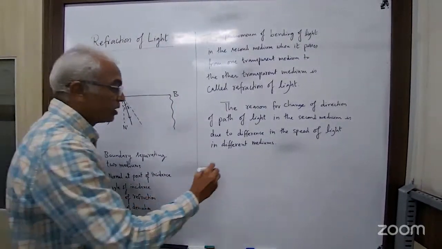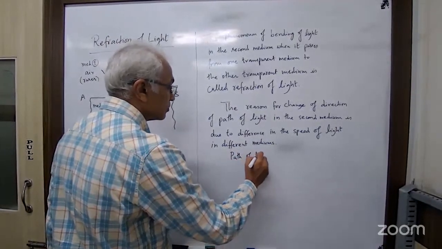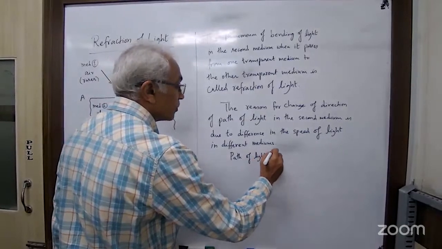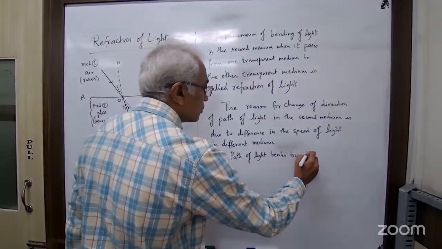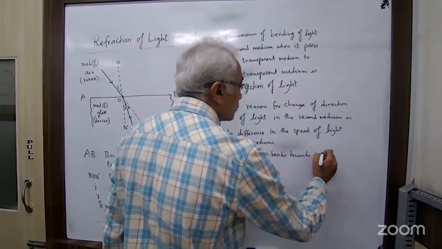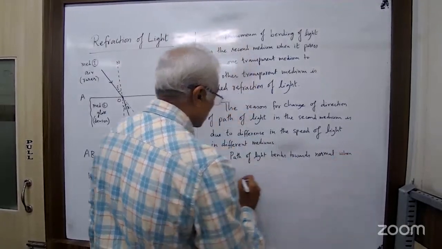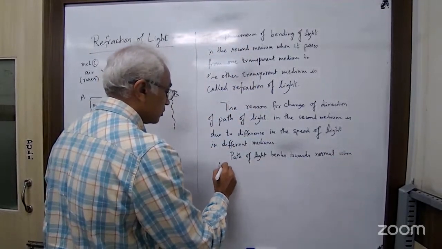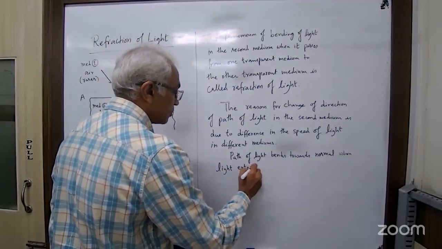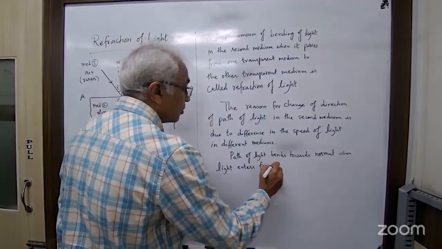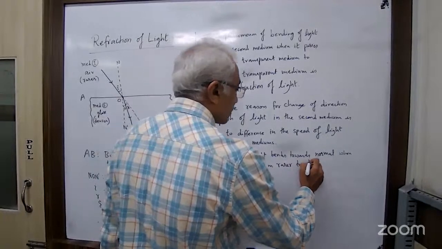So path bends towards normal when light enters from rarer to denser medium.